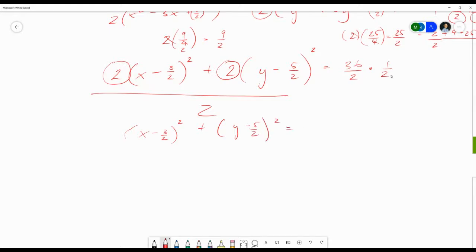Simplify this. 36 over 2, that's 9. All right, so here's my h, k. My center, 3/2 and 5/2. And my radius, the square root of this, is 3.